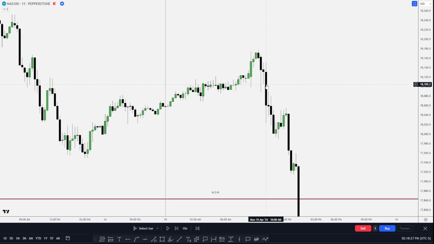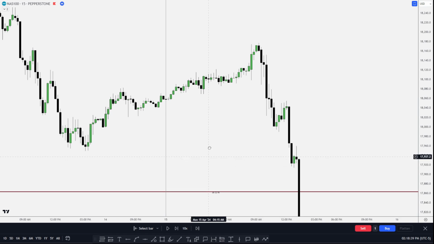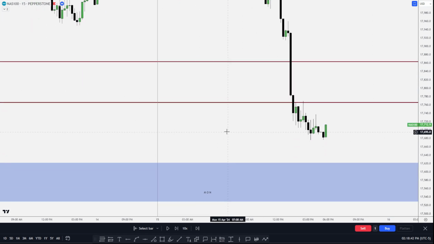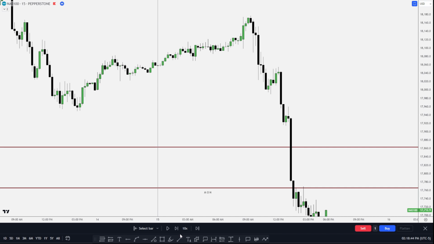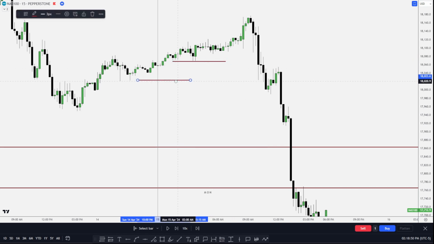Exactly. So look at what happens before 9:30. It goes the other way. Then 9:30 will shoot it down, taking us sell side. And one thing too, these levels, they're leaving pools. Like this.